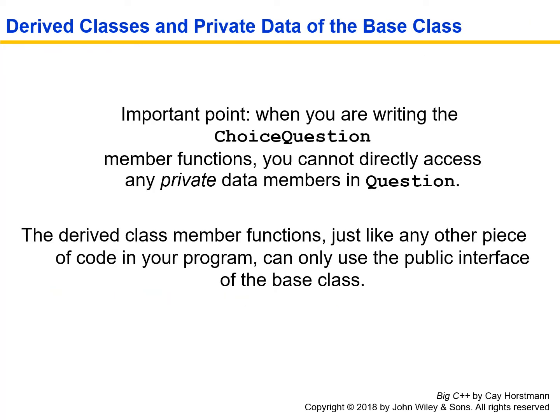An important point is that the ChoiceQuestion, the derived class, the child class, cannot directly access private data members from the base class or the parent class. Just as you inherit certain things from your parents, but you can't go root around in their private drawers in their bedroom or something, ChoiceQuestion inherits those data from Question, but it cannot access them because they are private.